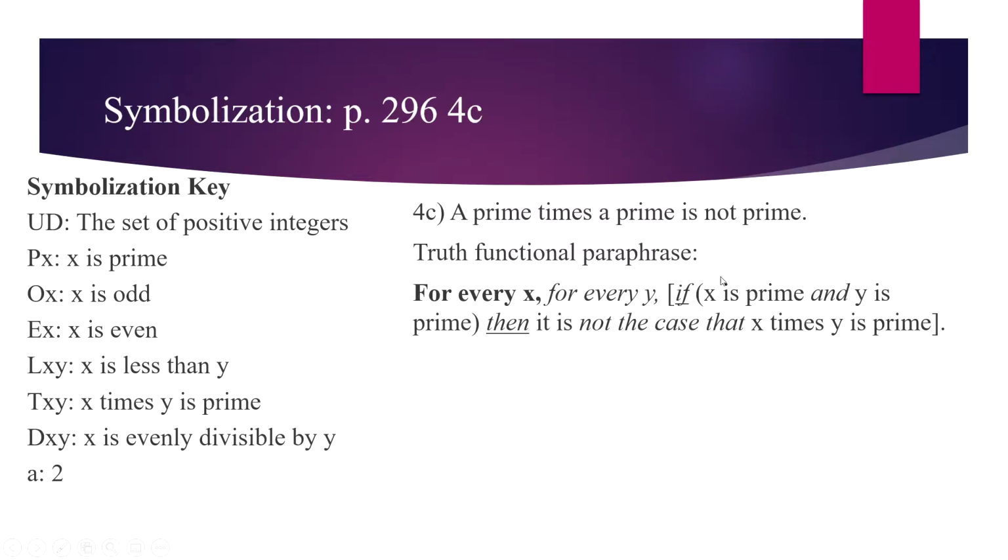And then we need parentheses around the antecedent because the antecedent's a conjunction, right? If x is prime and y is prime. So here's the symbolization. For any x, if x is prime and it's multiplied by any y that's also prime, then it's not the case that x multiplied by y is a prime.